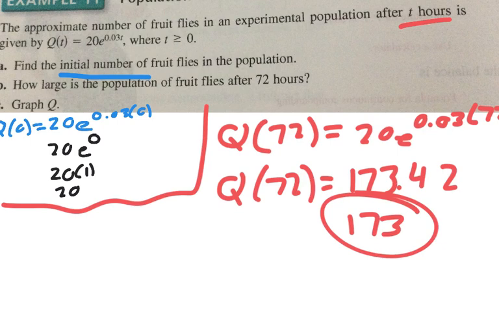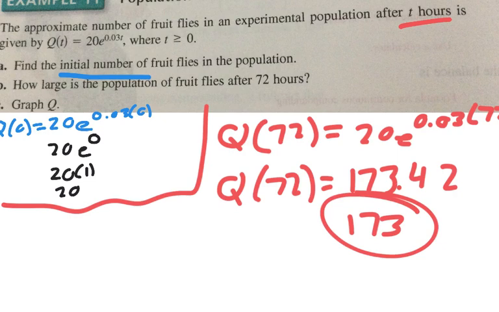Okay? And then C part tells me to graph this. So we're going to use our graphing calculator. So I'm going y equals, I guess y'all need a graphing calculator. Okay, we're just going to enter that formula in for y equals.